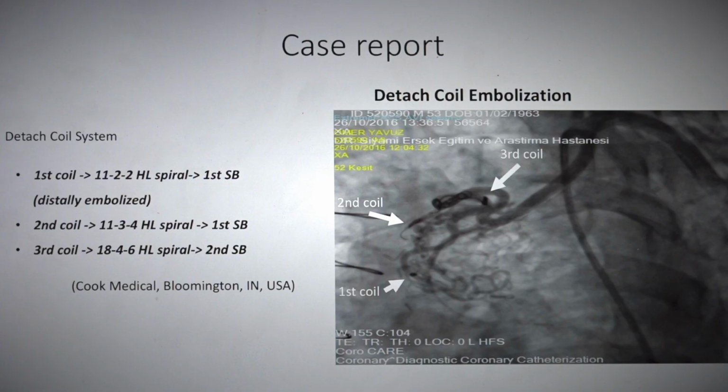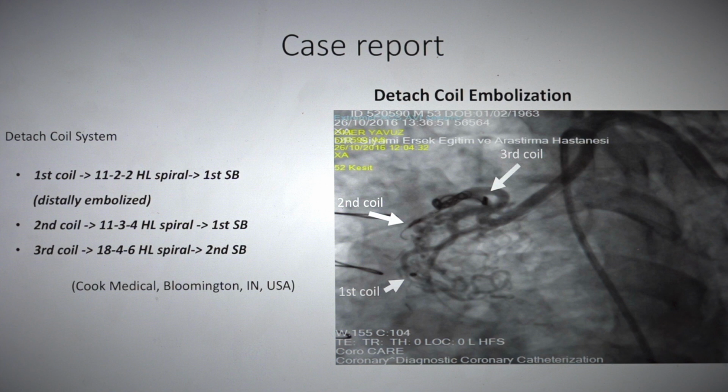After that, our initial strategy was embolizing the two major side branches of the fistula individually, but unfortunately, the first coil was embolized distally inadvertently, and the second and third coils were unable to occlude the fistula.